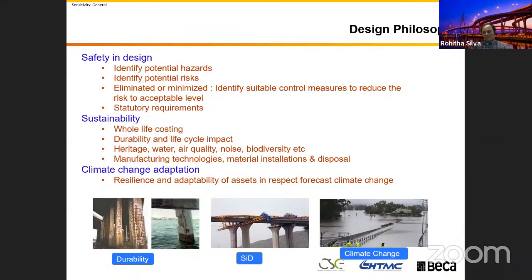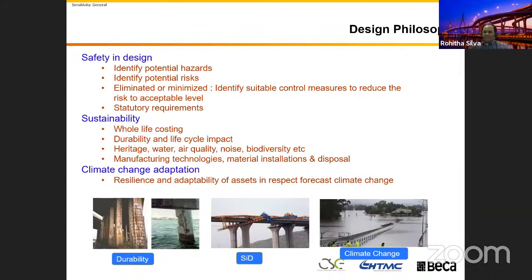Not only do you design, you have to look at how it is going to be built, how it is going to be maintained, how it's going to perform, and all those things you need to keep in your mind. You need to make sure that every tick box is ticked at the end of the design.